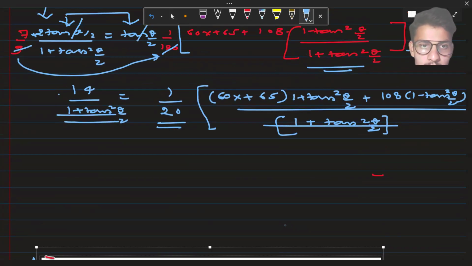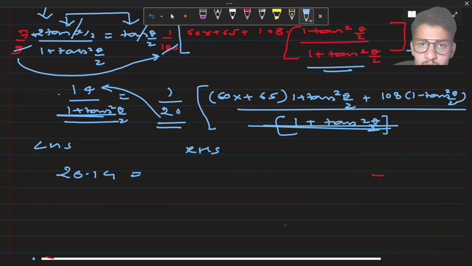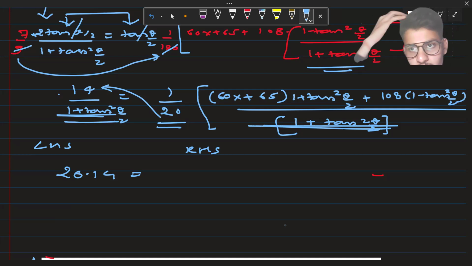And you cancel both of them. 20 into 14 can come here. This 20 is going here. Okay. When it goes from LHS to RHS, it reciprocates. Okay. And these both will reciprocate, so will cancel each other. Now, when you add them, what will you receive?